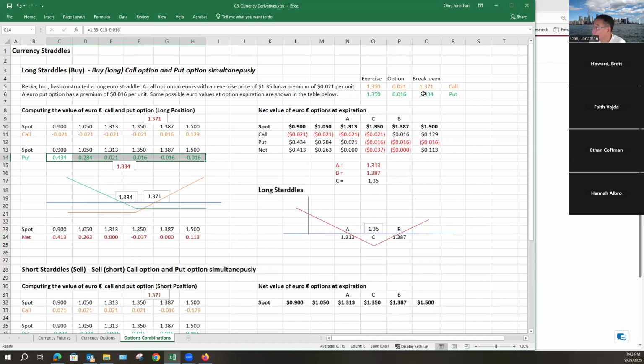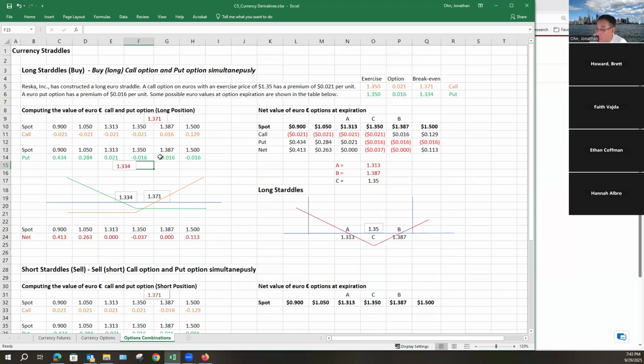Okay. That's the break-even. When you are out of the money, you just leave the contract expired and pay the option price. And when you are in the money, you start to enjoy your profit there.